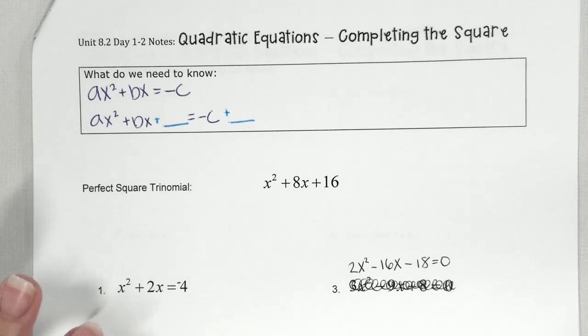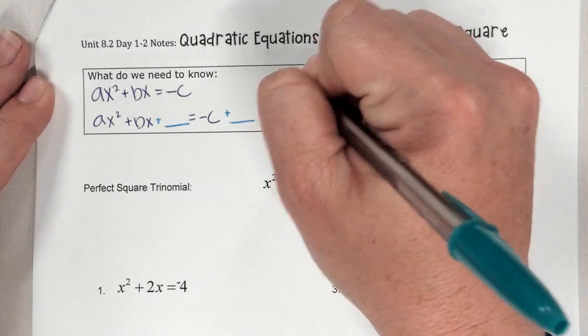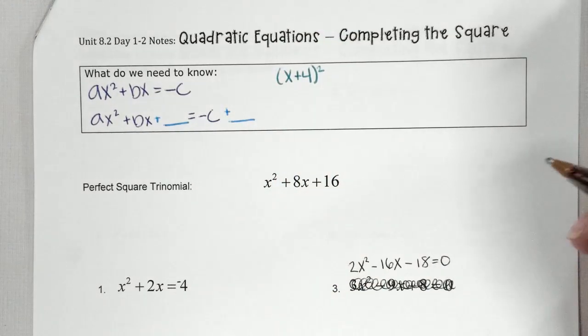So just as an example, if you're given x plus 4 squared, this is what a perfect square looks like. We know that this can also be considered a square, right?